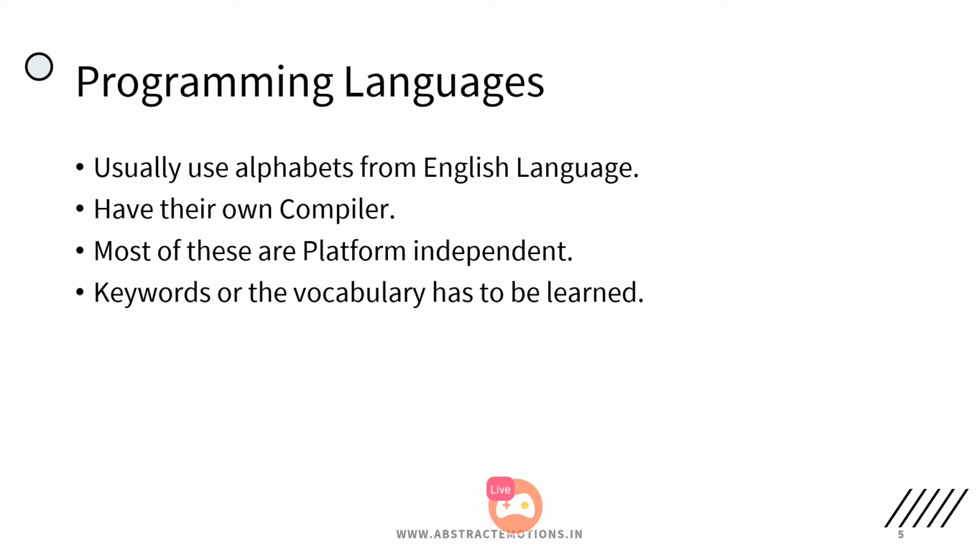Keywords and vocabulary have to be learned. That is the most important part. You need to learn the vocabulary and the keywords of any language, which is essential. To say something in English, for example, if you want something, you say I want a glass of water.